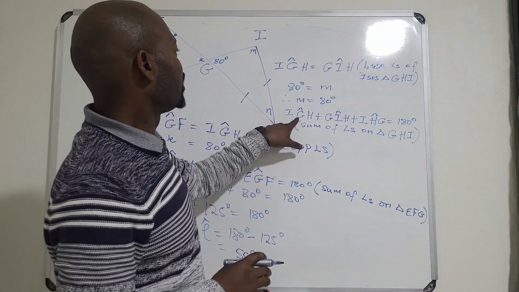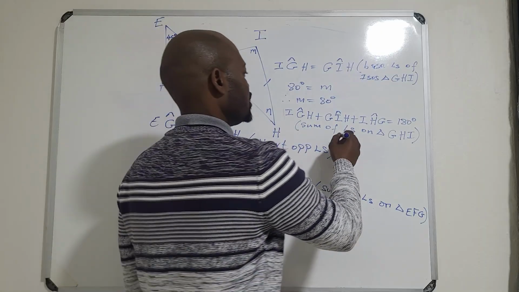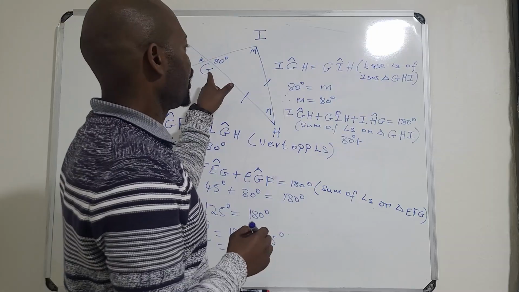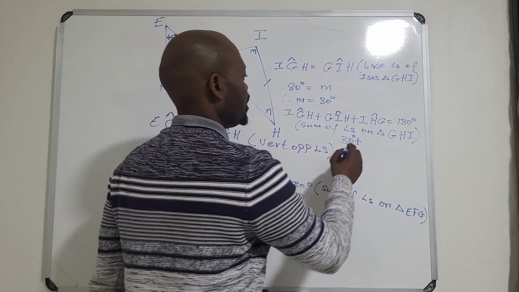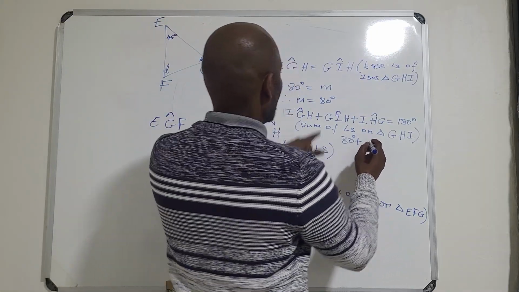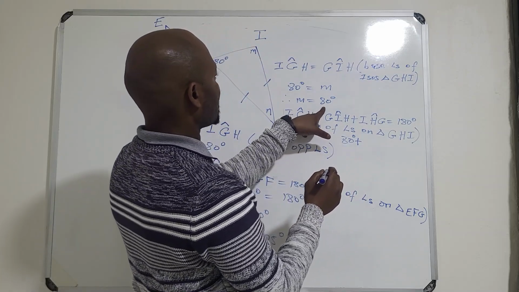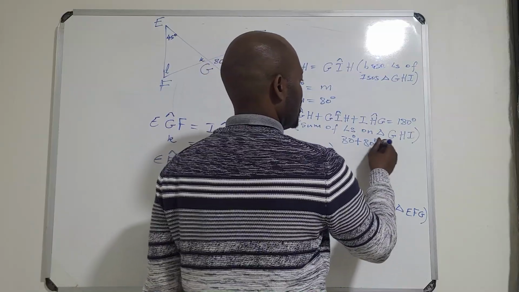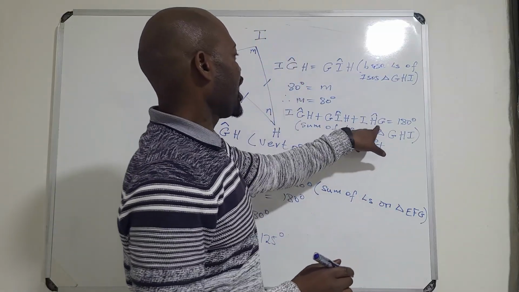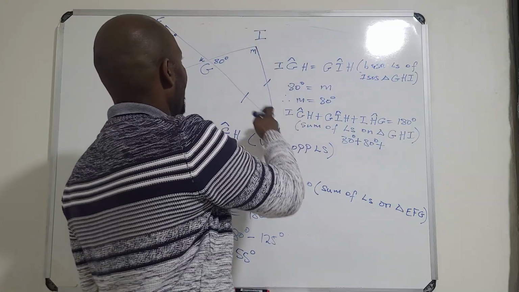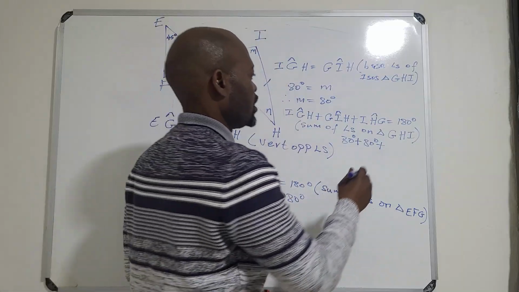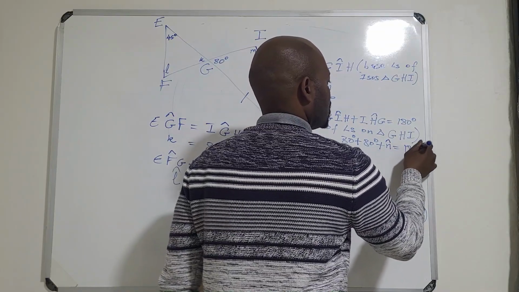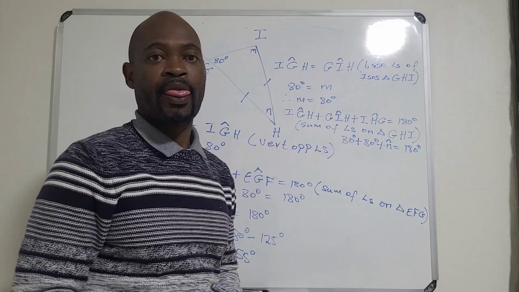Now, angle IGH is 80 degrees plus angle GIH is another 80 because that's M, 80 degrees plus angle IHG, which is N, equal to 180 degrees.